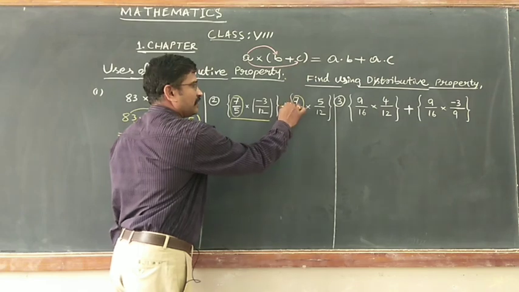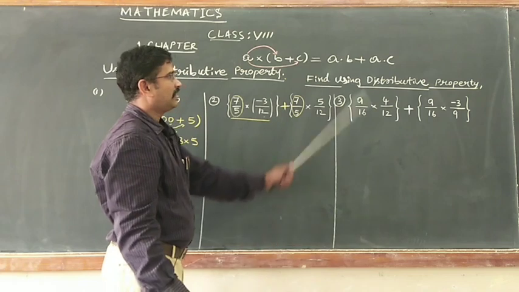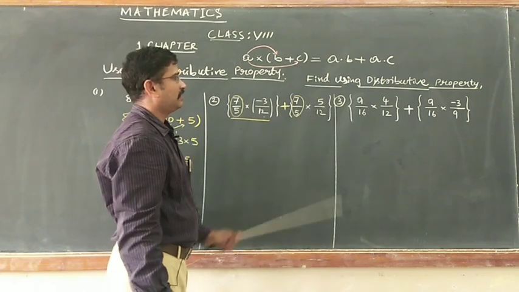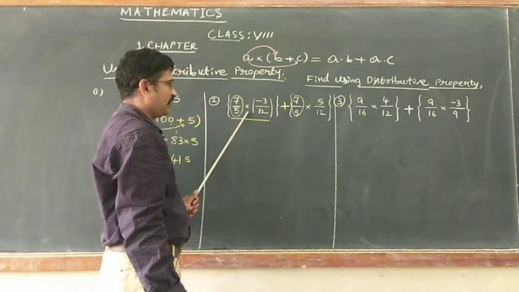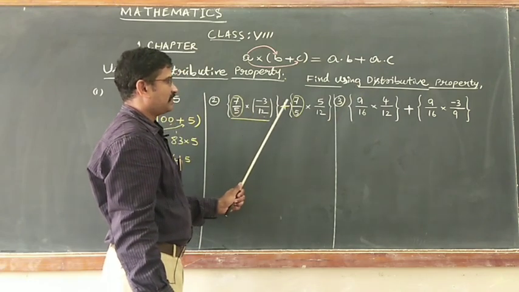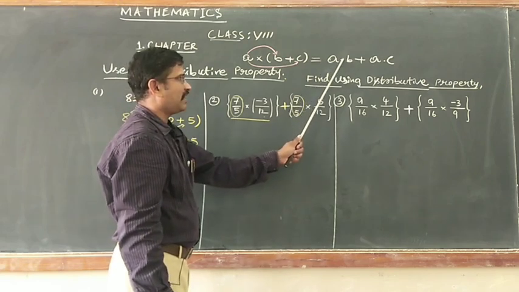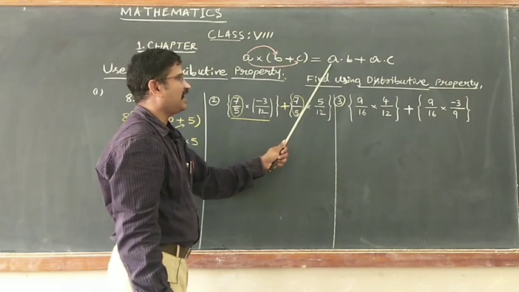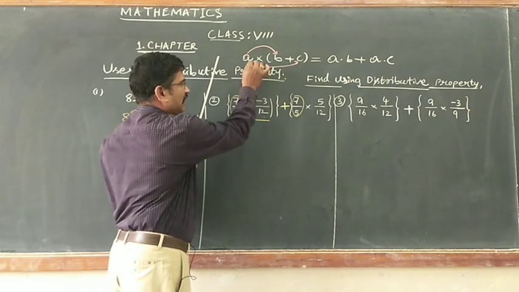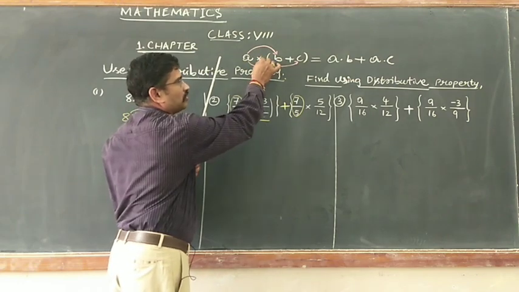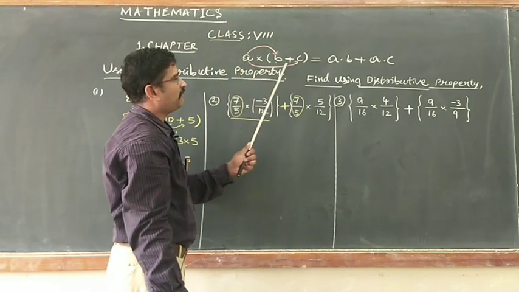So where these individual products are getting added, like A into B plus A into C, here A into B plus A into C. So when I take A out, it becomes A into the sum of B and C, the product of A and the sum of B and C.